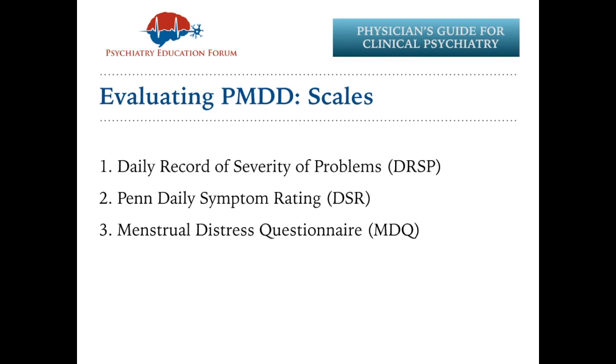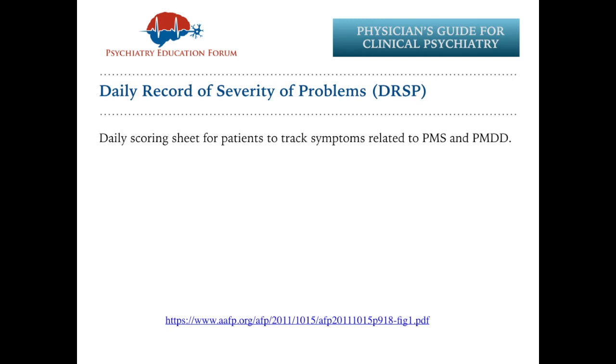In this podcast, I will only briefly summarize the first one, DRSP, Daily Record of Severity of Problems. Now, with this scale, the patient will be tracking their symptoms from day 1 to day 30 of the month. Each day, they can track each symptom that we talked about.